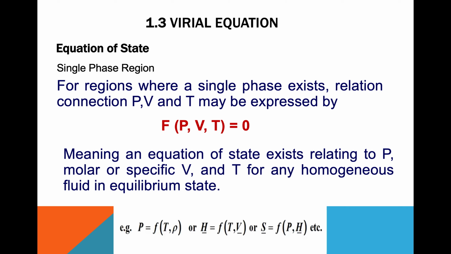It can be pressure as a function of temperature and density, or enthalpy as a function of pressure, temperature and volume, and so on. So there are several different types of interpretation, as long as it can relate at least two thermodynamic properties to the one parameter that you want to measure.